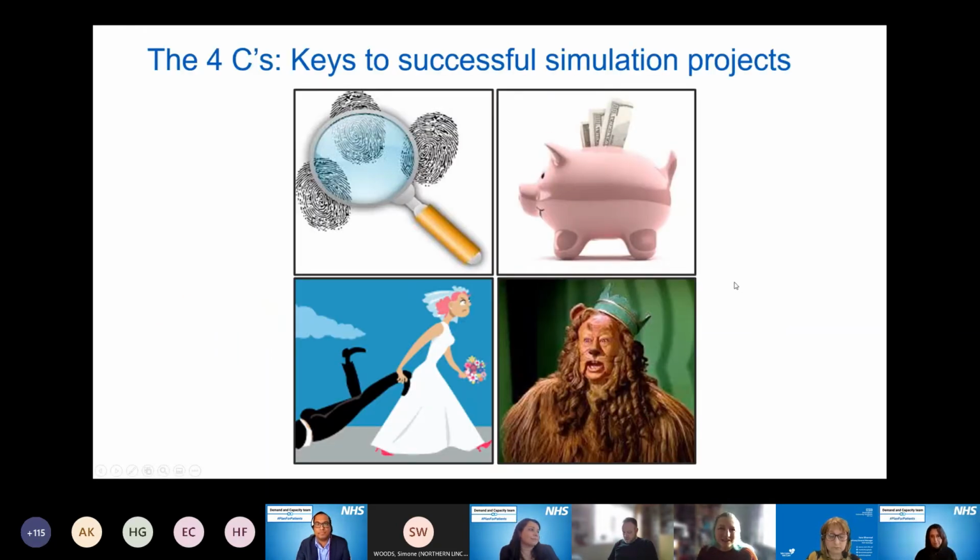Great. Okay, guys. So these 4 images depict the kind of keys that I think about when I'm trying to develop a simulation project, be it system dynamics or discrete event simulation. The first one is the clue, and this is about determining when and why we use simulation and what issues you're planning to address.